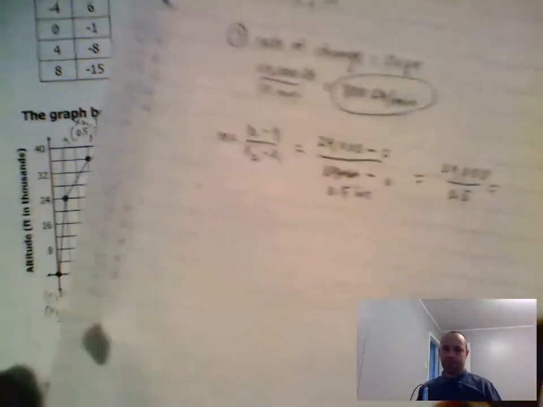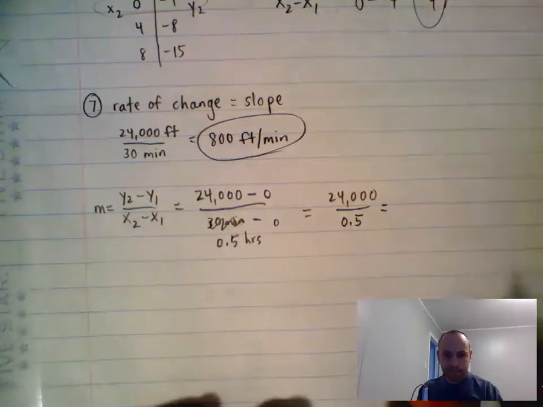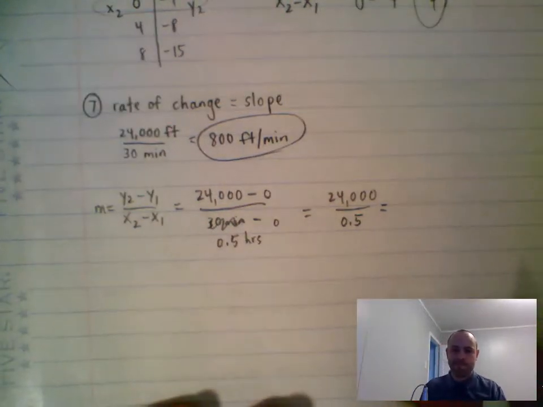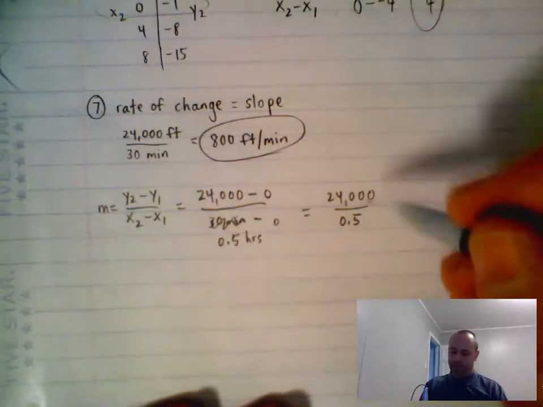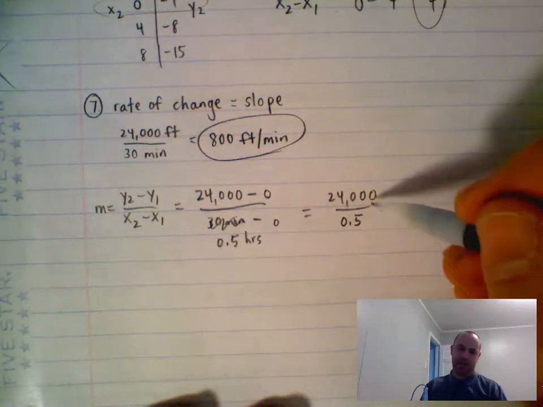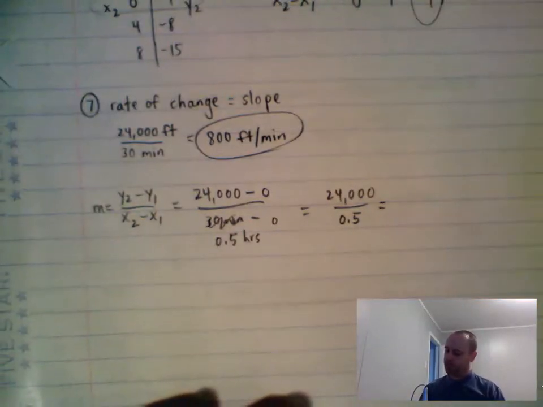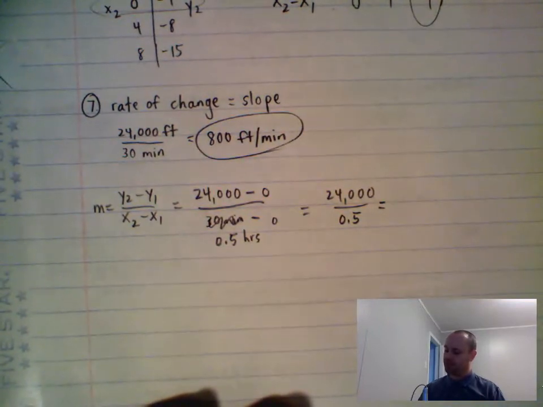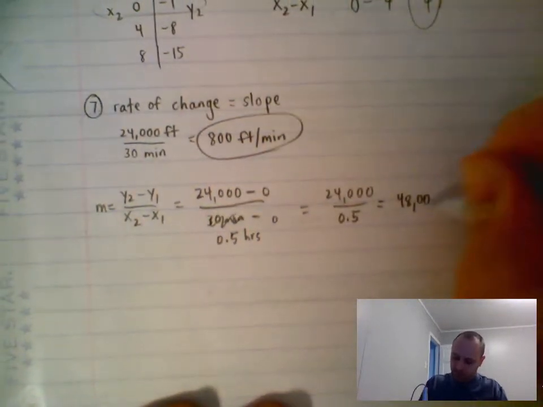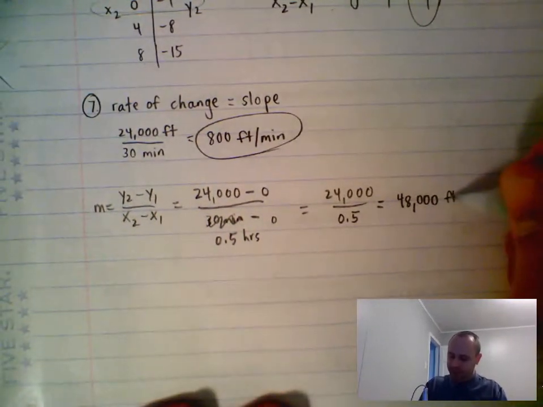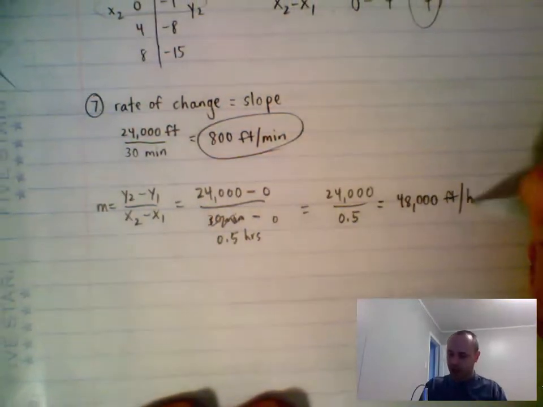And if you divide something by half, it's like multiplying it by 2. So 24,000 divided by 0.5 is going to be 48,000. That would be feet per hour.